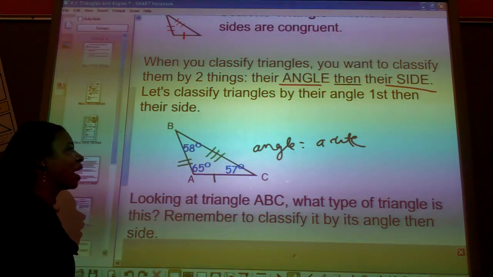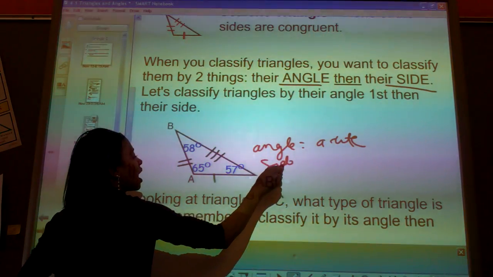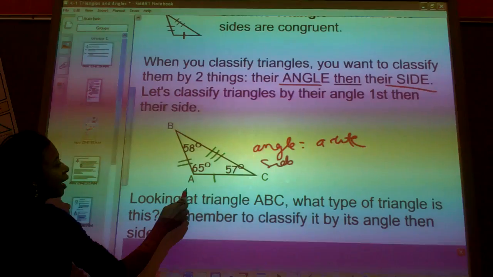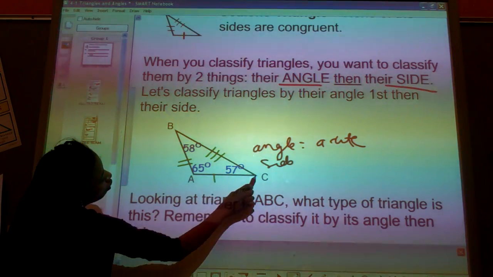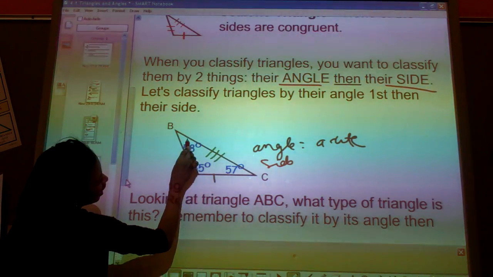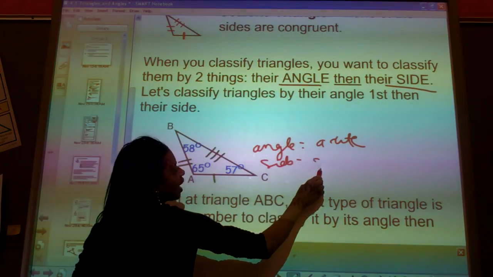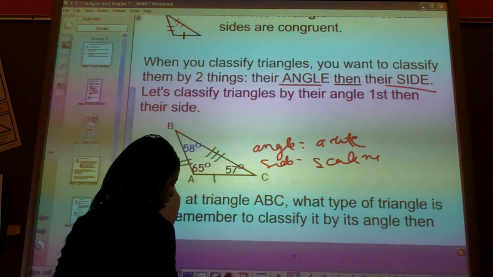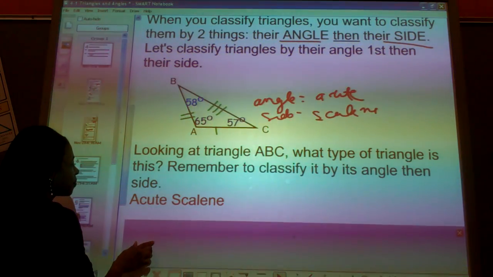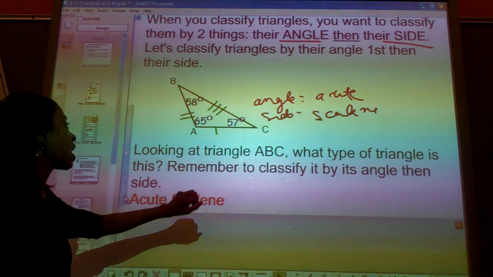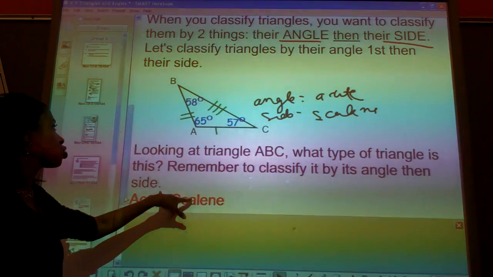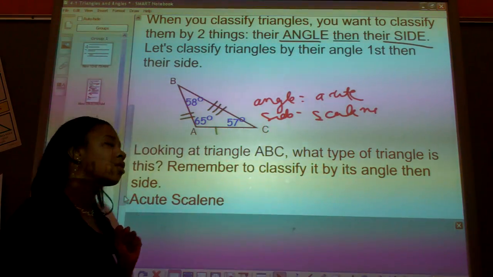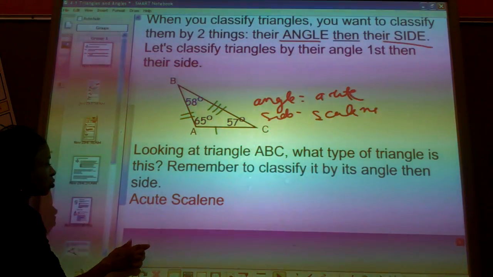Now looking at the side lengths, I see easily that I have 1, then 2 on this side, and 3. That means it's going to be a scalene. None of the side lengths are the same. So how would I name this? This is called an acute scalene triangle. I classified it by the interior angles and then its side lengths: acute scalene.